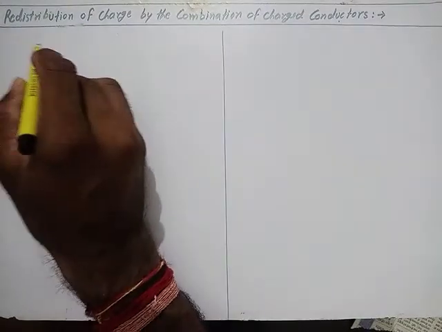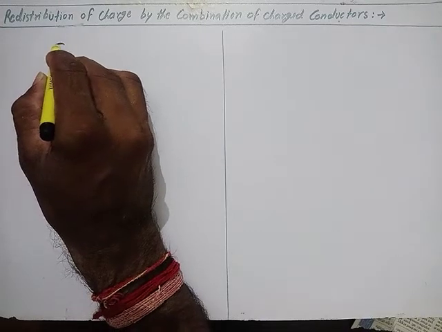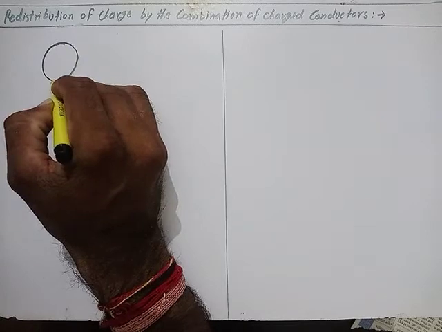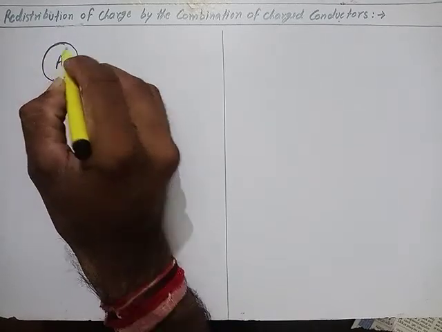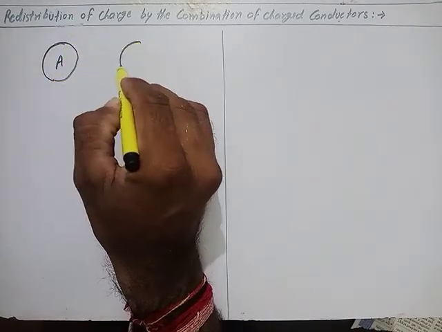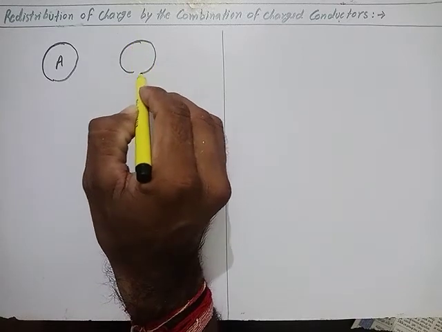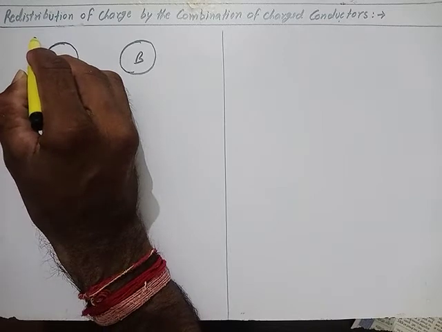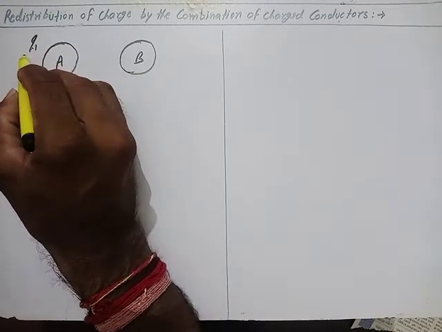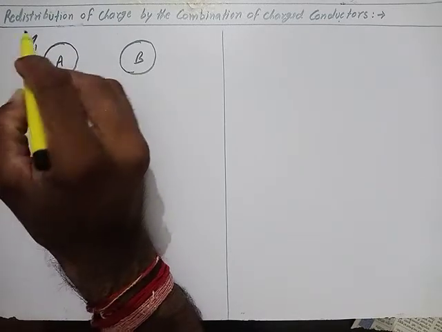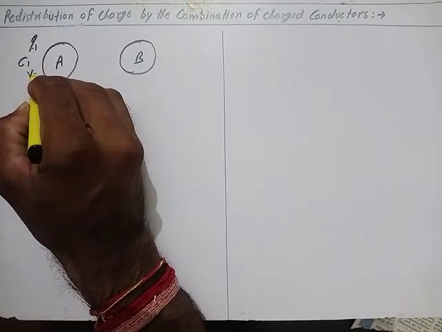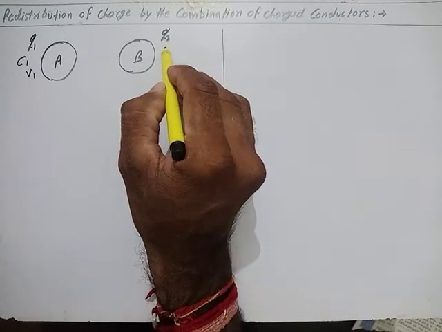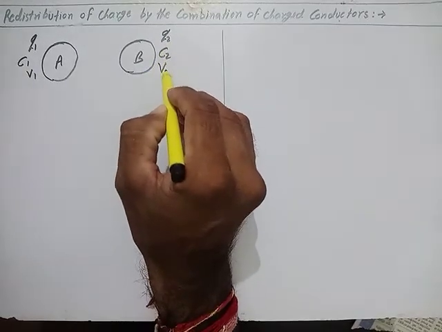Let me consider we have two charged spheres, we can say two charged conductors. One is named A and the other is B. The charge of conductor A is Q1, capacity is C1 and potential is V1, and that of B is Q2, C2 and V2.